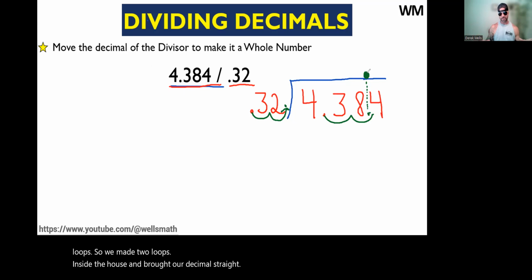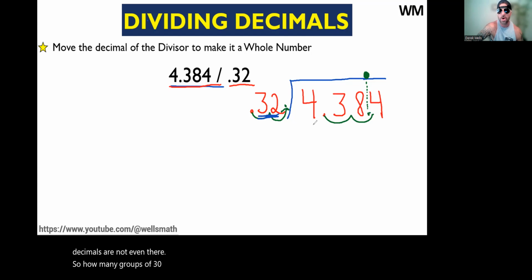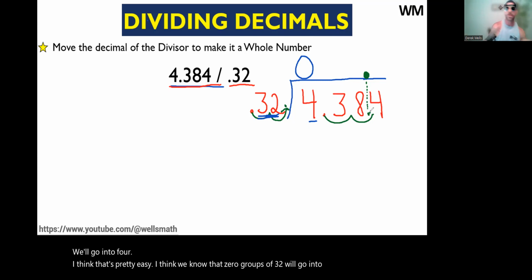Now what you're going to do is work this problem just like you normally would and pretend the decimals are not even there. So how many groups of 32 will go into 4? I think that's pretty easy. I think we know that 0 groups of 32 will go into 4. 32 is much bigger than 4.